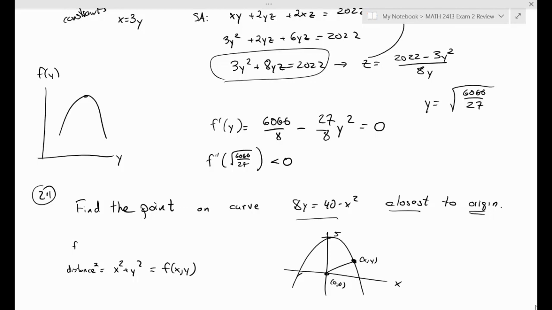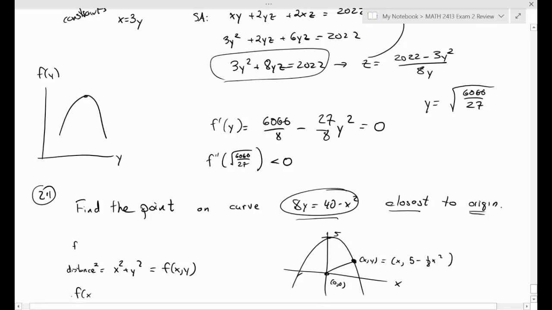However, it's not really a function of 2 variables, because what is y? Well, y is on the graph of this curve, so we know y would be 5 minus an eighth of x squared, right? If you solve for y over here. So it's really just a function of x, if you know how to replace y.